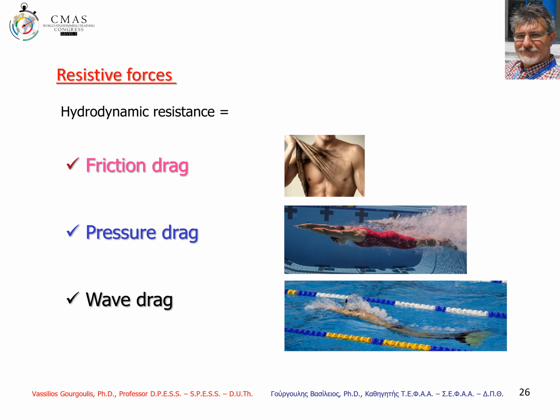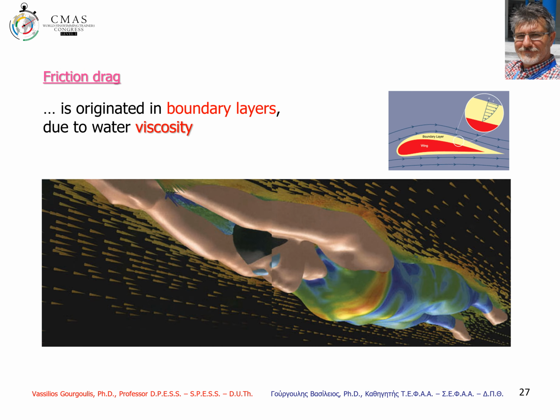The hydrodynamic resistance experienced by a swimmer can be divided into three components: the friction drag, the pressure drag, and the wave drag. Friction is originated in boundary layers. During swimming, a thin layer of water, a boundary layer, which is in contact with the body surface, sticks on it and travels with the same speed as the swimmer.